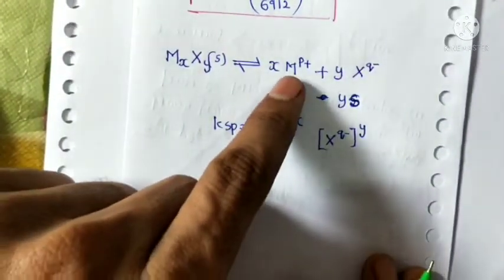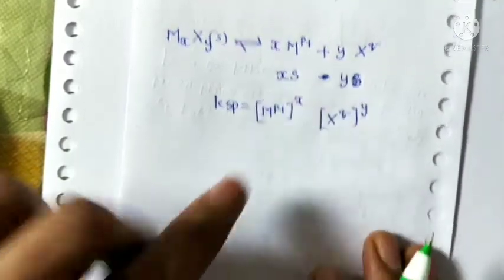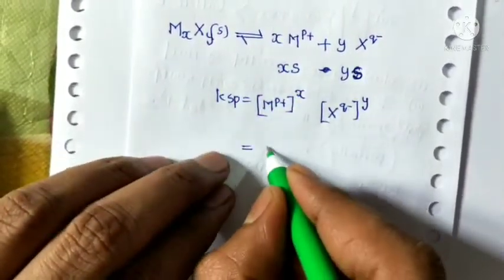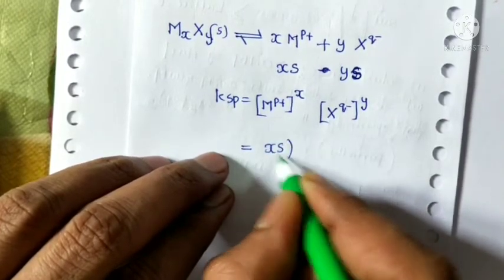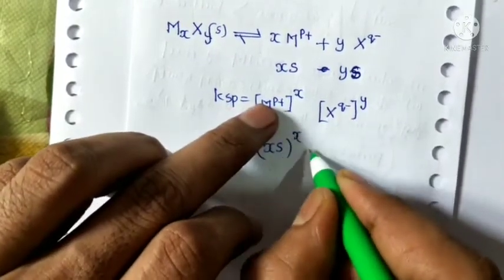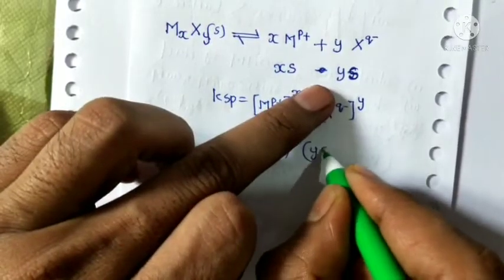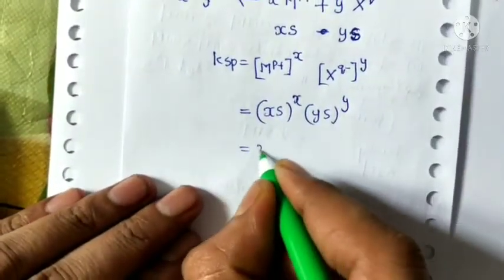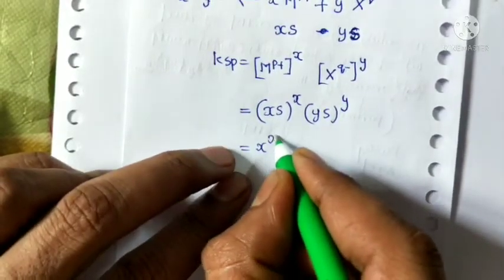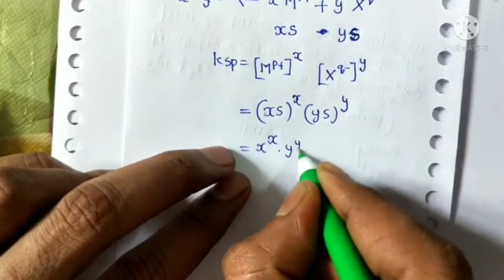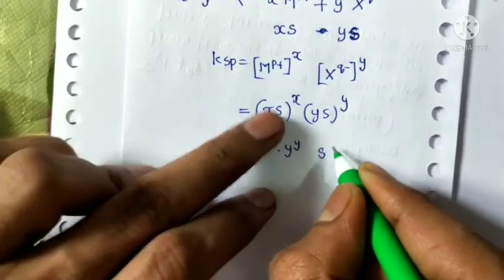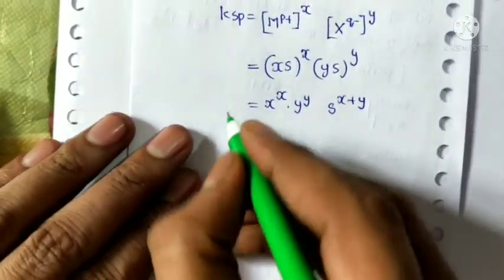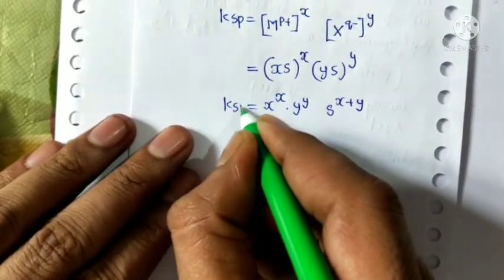So here M plus means xs, the cations, xs whole power x. Next ys whole power y. So from this we can calculate and simplify: x power x and y power y, and s is to the power x plus y. So it is the KSP value.